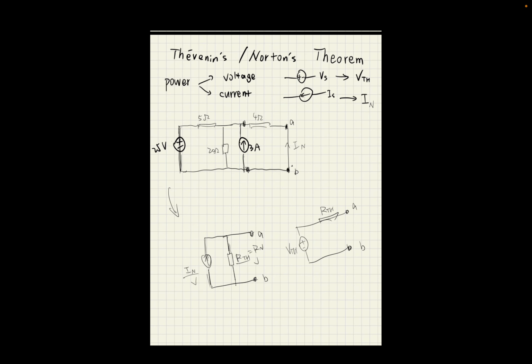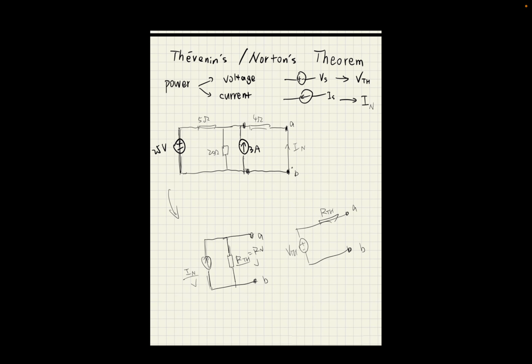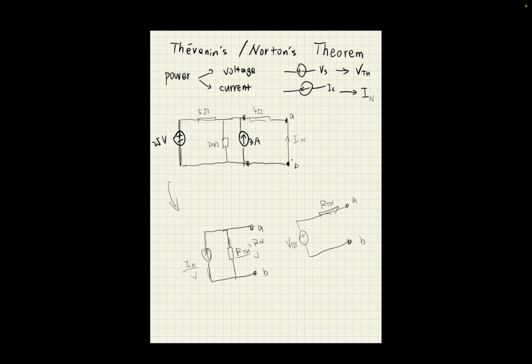Two things after the main topic. First of all, somebody may ask a question like this. In the Thevenin's theorem, you probably noticed that we open circuited A and B, and we want to measure the voltage across A and B. So as I mentioned, the voltage between these two points is exactly the same as the voltage between these two points.